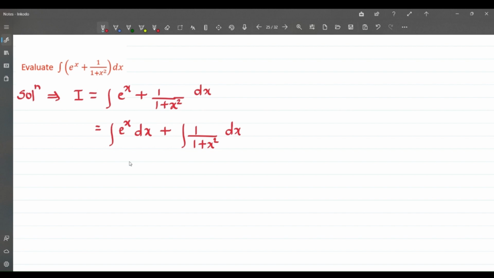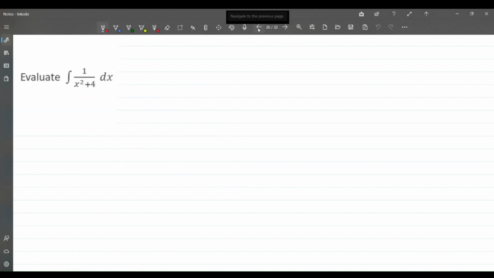So we can write it directly: integration of e raised to x plus 1 upon 1 plus x square is e raised to x plus tan inverse x plus c. This is the answer of your example. All these examples are for 2 marks in the MSBT exam.